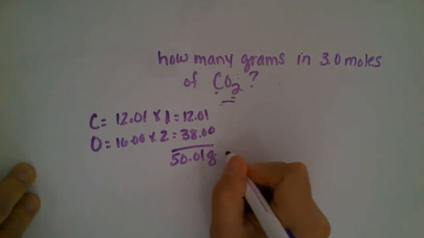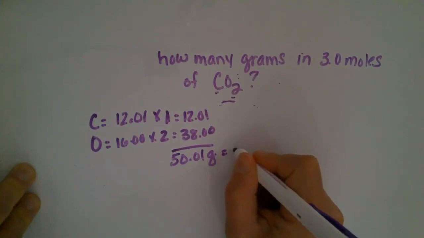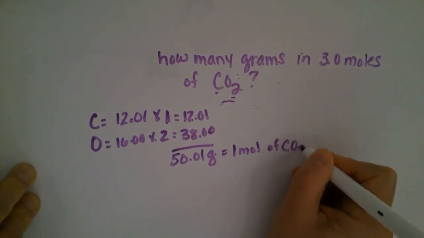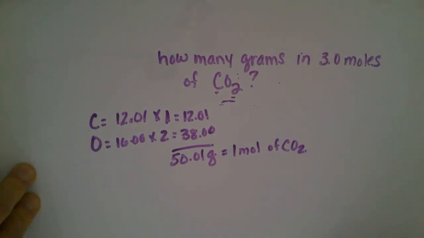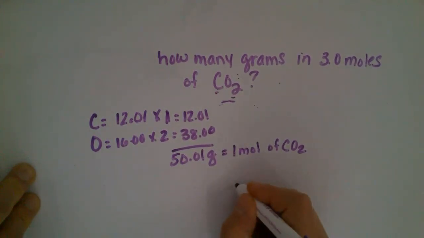So 44.01 grams is how much 1 mole of carbon dioxide weighs, right? Because a mole of anything is going to equal its molecular weight, its molecular mass. So now that you have this information, you can plug it into this problem just like before.